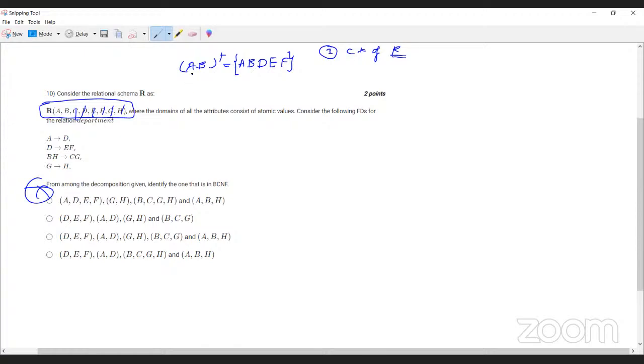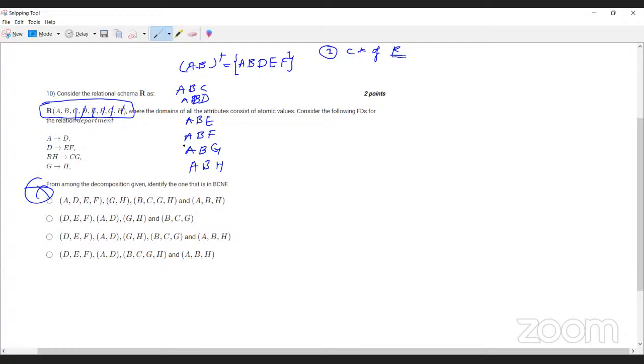So let us check all the combinations, like 3-attribute combinations: ABC, ABD, then ABE, then ABF, then ABG, then ABH, right? If I take the simple closure of AB, I am getting ABDEF. If I get G here, I can get H, right?